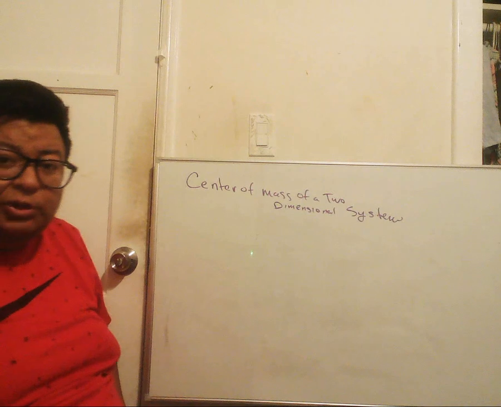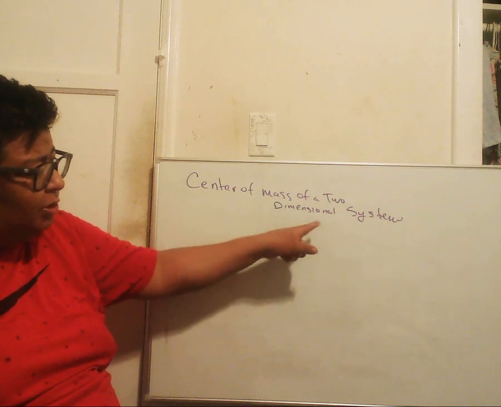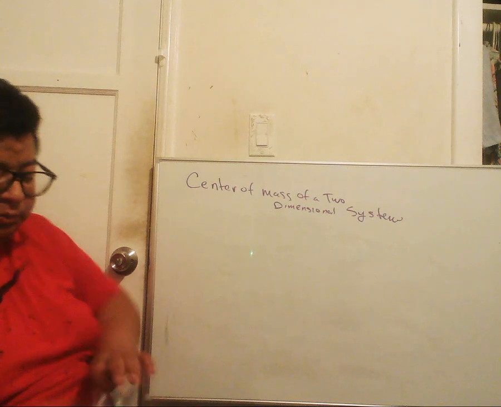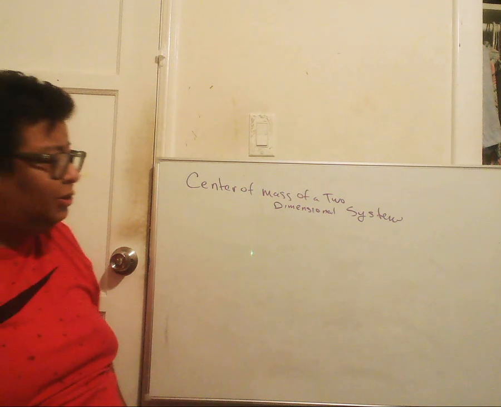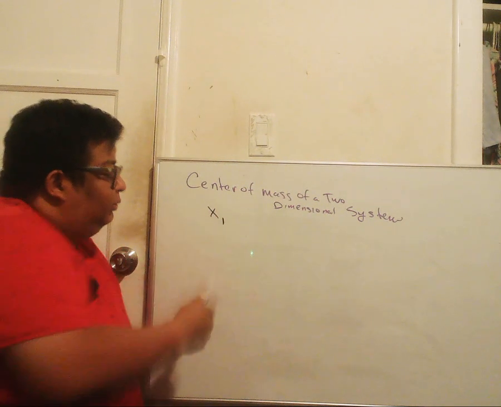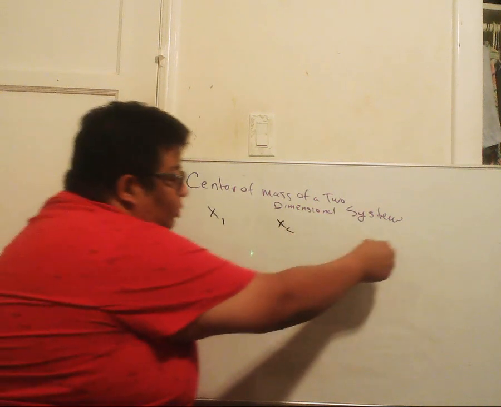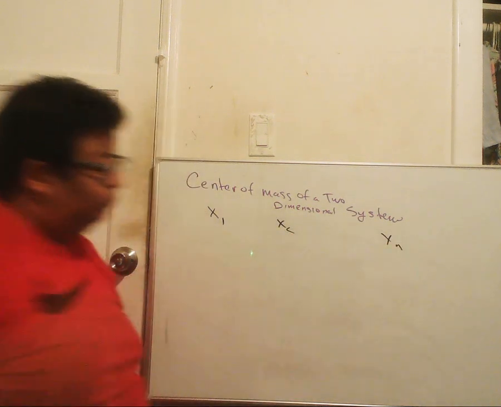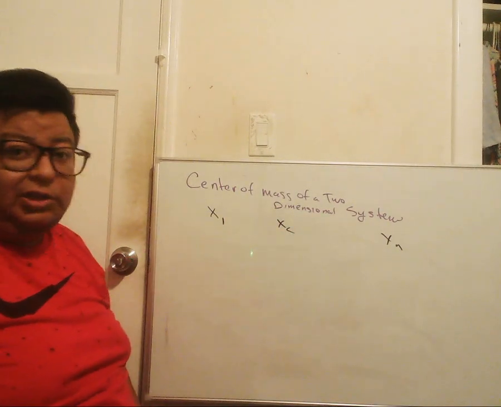So the concepts of a one-dimensional system get passed to the two-dimensional system as follows. In the case of a one-dimensional system, we only have x's: x1, x2, all the way to xn. But with two dimensions, we're going to have an x and a y.